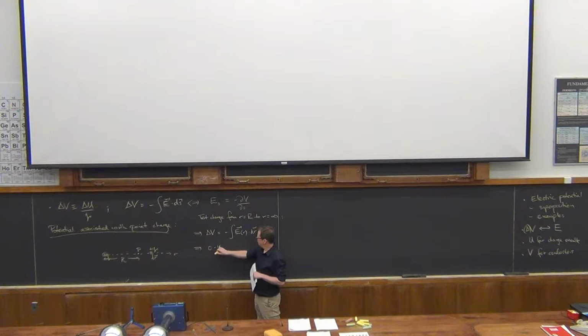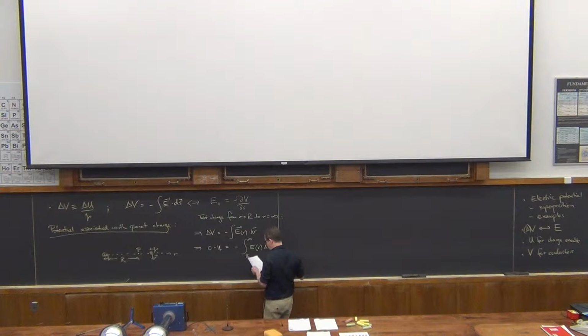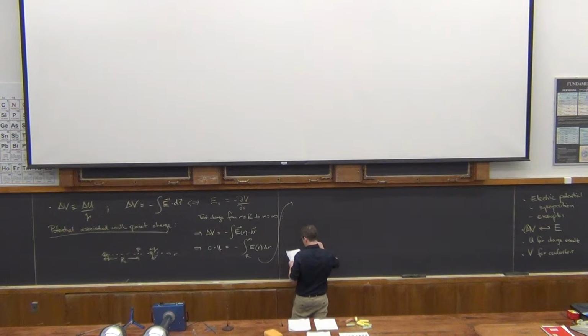So 0 minus the potential at point P is now simply the integral from big R to infinity of E dr. You know what this is. Go up here so you guys can all see it.